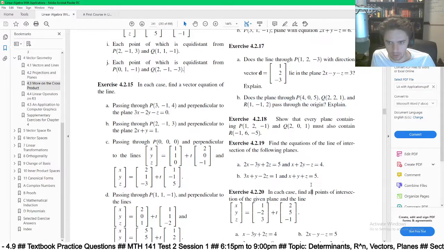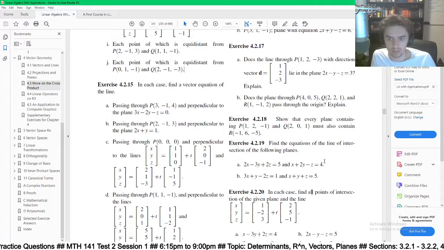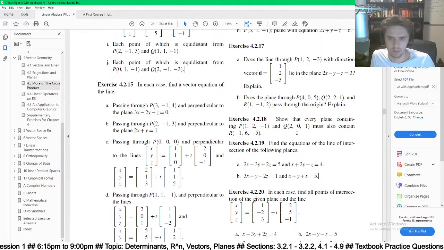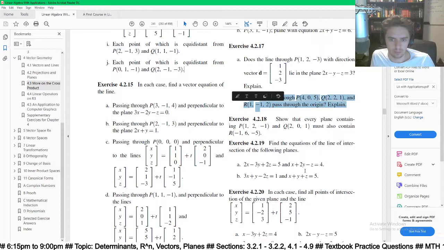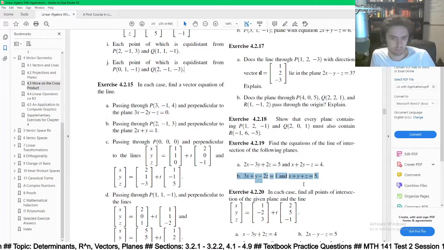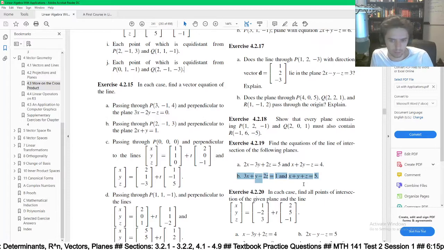You see, find the equations of the line of intersection of the following planes. Don't remember doing that one, but yeah. Okay, so I take it nobody wants me to do 17. I'll do this one because I can't quite imagine how I'd do it right away. So let's take a look. It probably is not too bad.